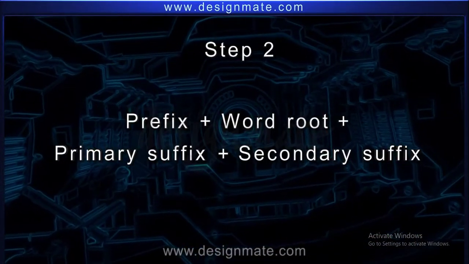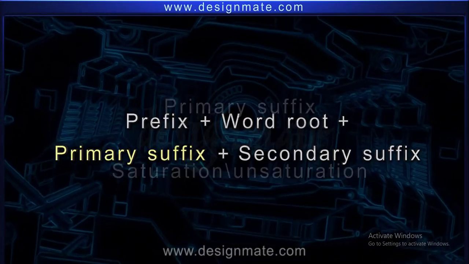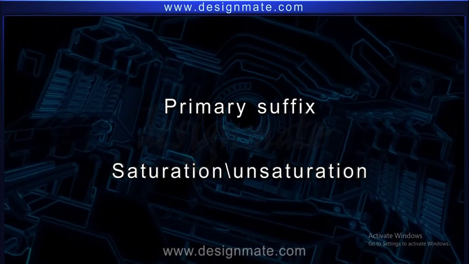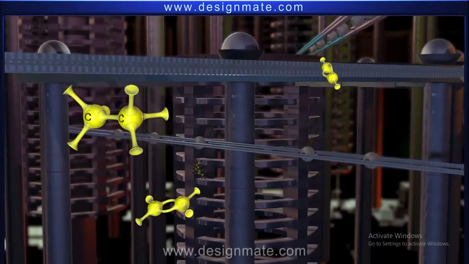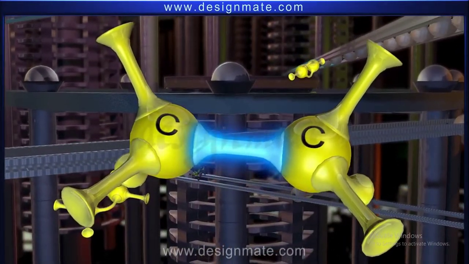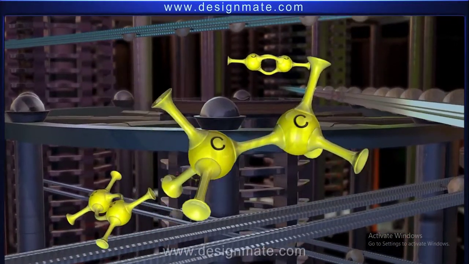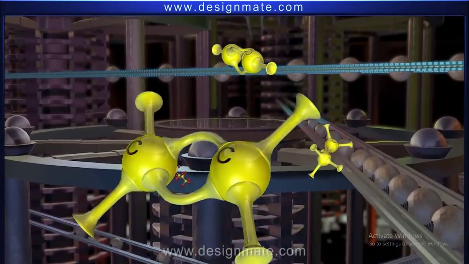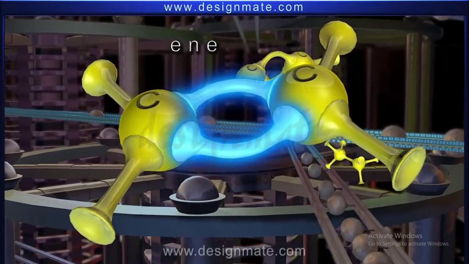Step 2. Add a primary suffix to the word root. The primary suffix is used to indicate the presence of saturation or unsaturation in the parent chain. For a saturated compound which contains only carbon-carbon single bonds, the primary suffix ANE is used. For an unsaturated organic compound containing at least one double bond, the primary suffix ENE is used.